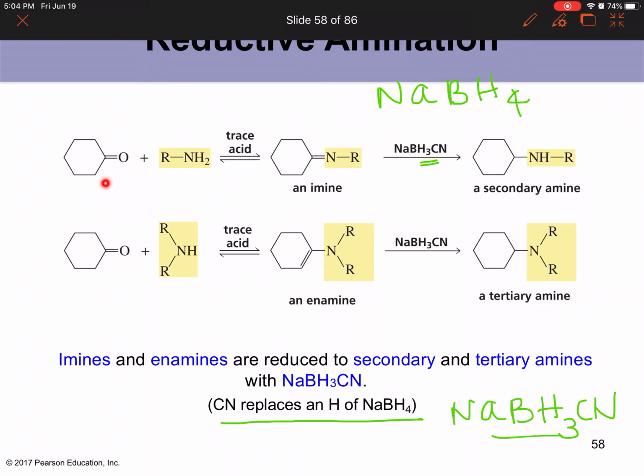So after you form an imine or enamine, from a primary amine or secondary amine with a carbonyl compound, sodium cyanoborohydride can convert it to a secondary amine or a tertiary amine. That is called reductive amination.